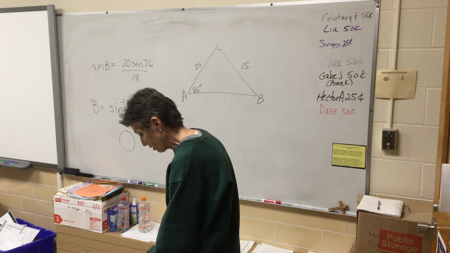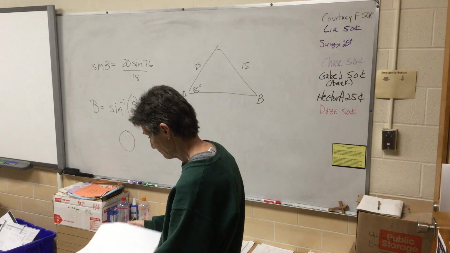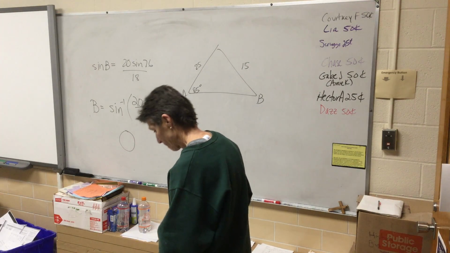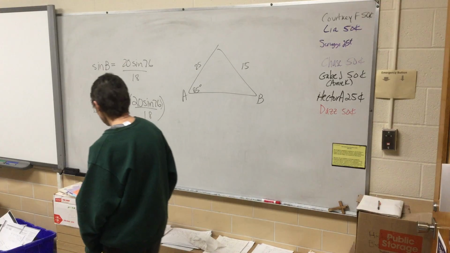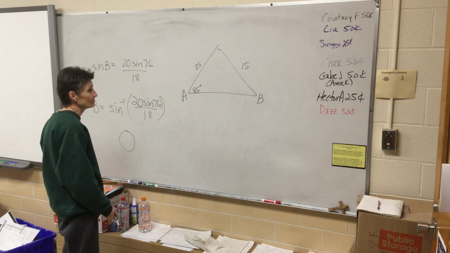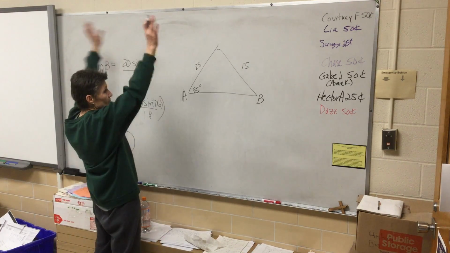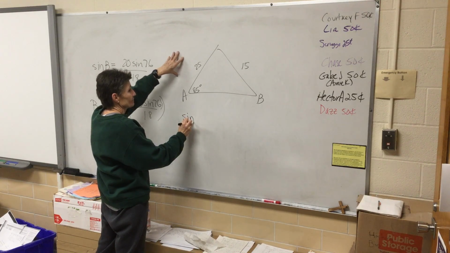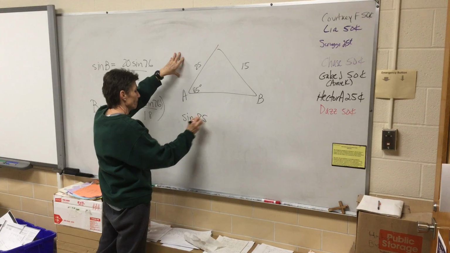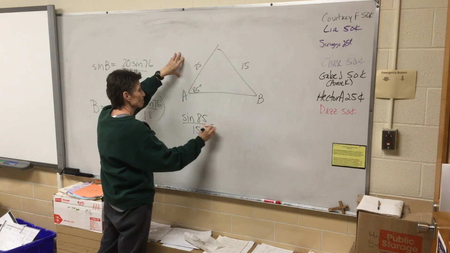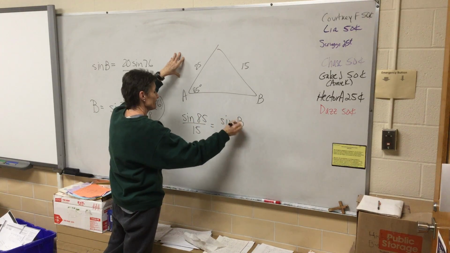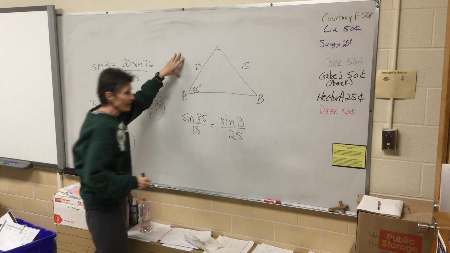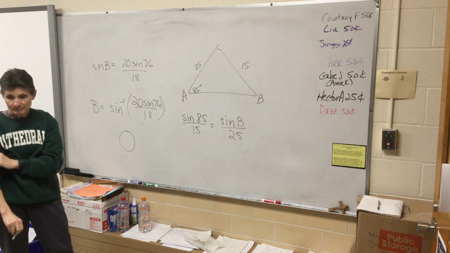Who can set up my law of sines for me? Someone. Alright, so it'd be sine 85, over 15, equals sine B over 25. Exactly. That's the setup. Is everybody okay with that?